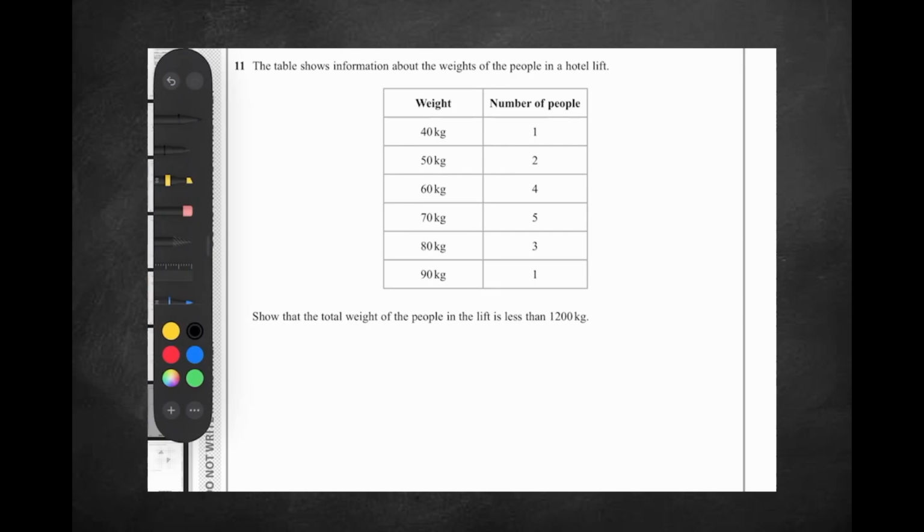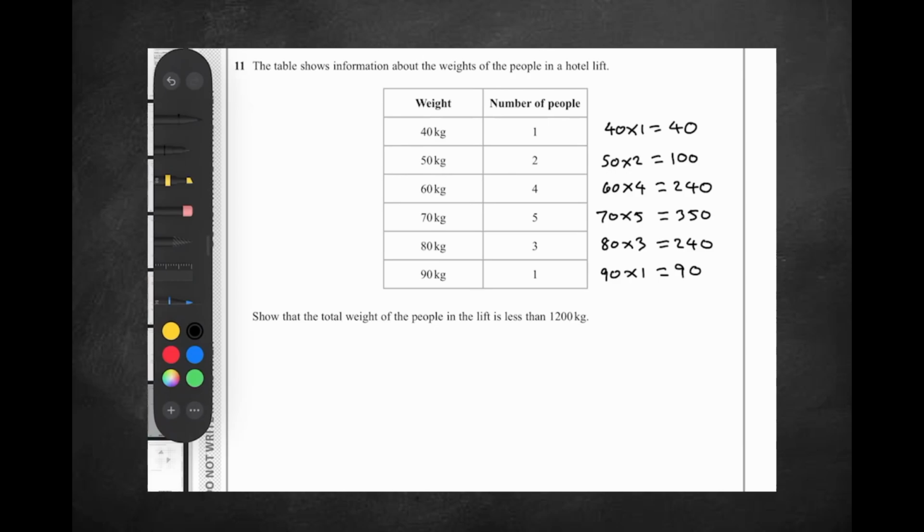So the first line is going to be 40 times 1, which is just 40. 50 times 2 is 100. 60 times 4, 240. 70 times 5, 350. 80 times 3, 240. And 90 times 1 is 90.